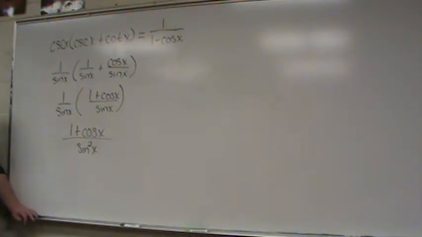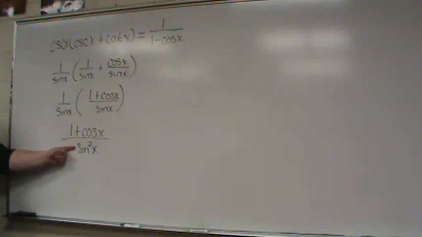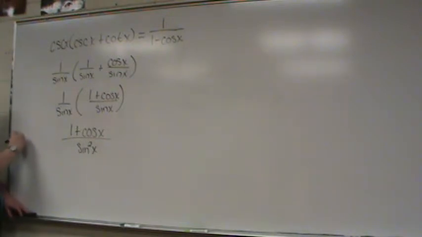So now, we didn't have squares before, but now we have one. So can we relate this back to one of our identities? 1 minus cosine squared x. Yep. The original one is the very first Pythagorean identity that we learned. It's cosine squared x plus sine squared x equals 1.